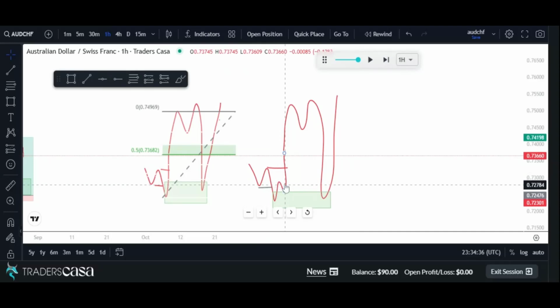You can call this a structural liquidity, or you can call it internal inducement or internal break of structure. So we have the type 2 of the breaker block.